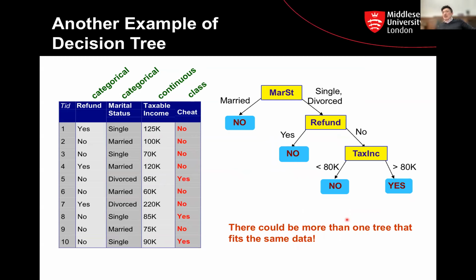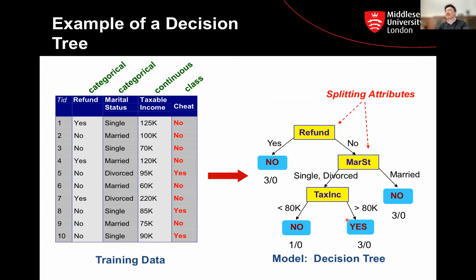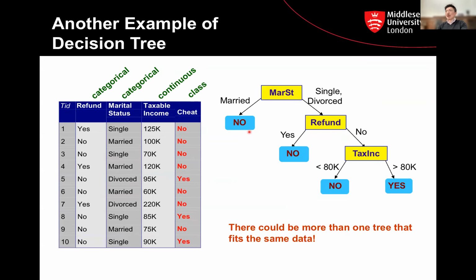Okay, and there could be multiple trees which would fit the data, and it usually depends on what attributes you pick to split. So for example, here it's decided to first split by whether it's refunded or not. And then you could also start with the marital status. So if it's married, it's always no. And this would still work.